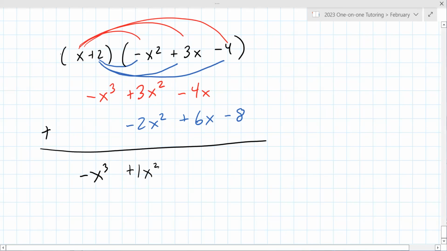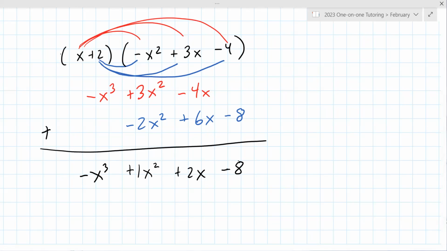Minus 4x plus 6x. 2x. Okay. Do we make it squared? Nope. They're like terms. And then just negative 8 because it's by itself. So that number comes down. And that's as much as you can do. There's nothing else to combine. You're totally done.